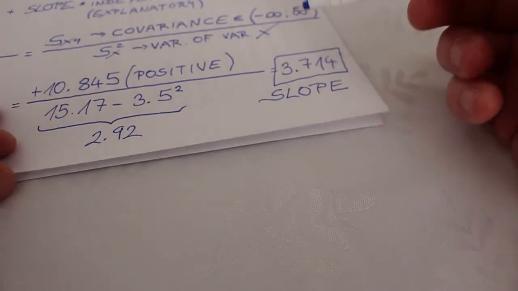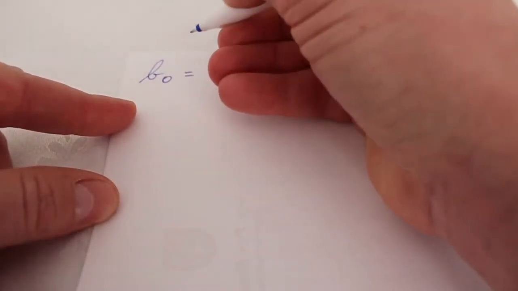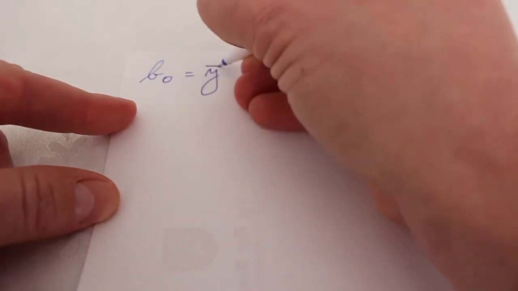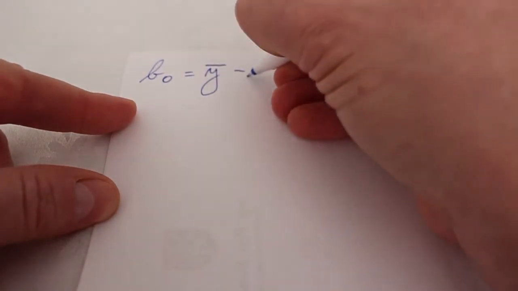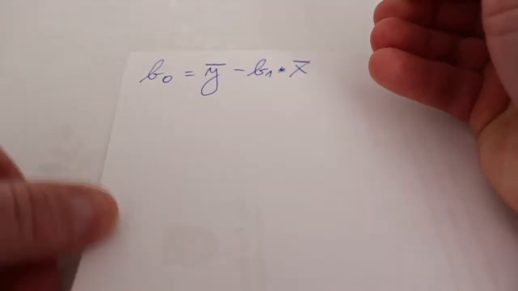And after we have the slope, we can calculate the intercept. In formulas, you can find b0 equal to y mean minus b1 times x mean.